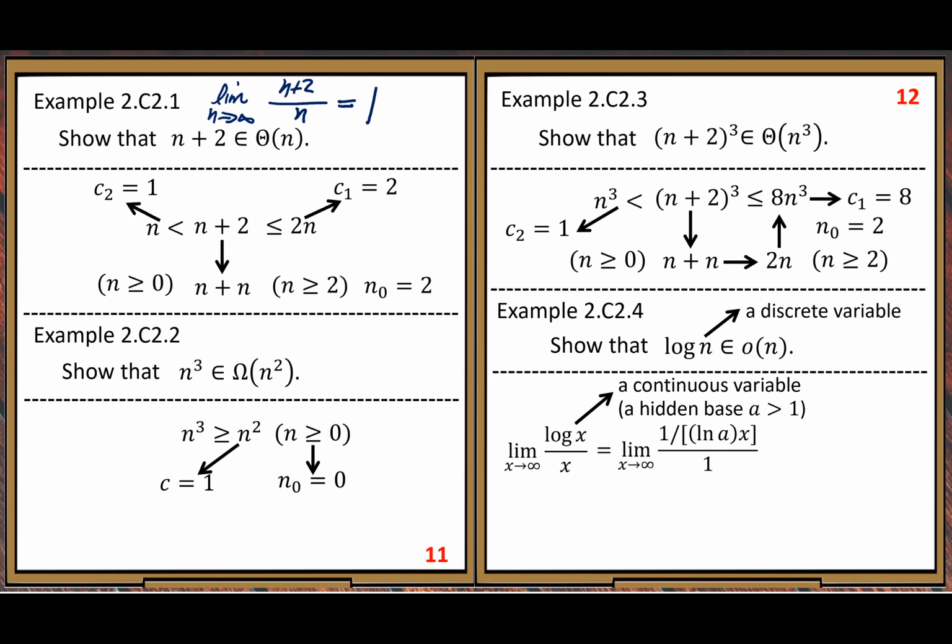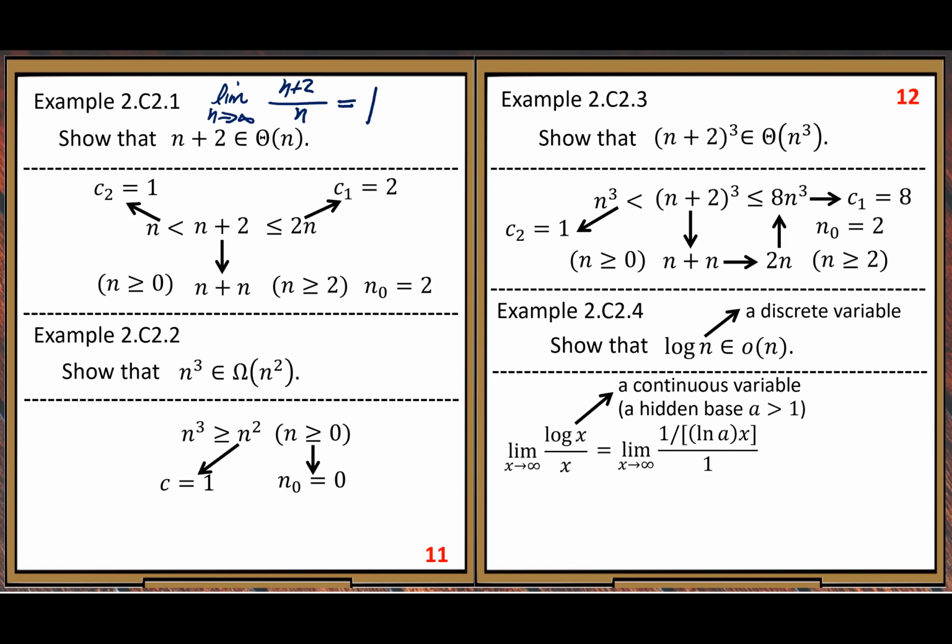Now, L'Hopital's rule: numerator derivative, denominator derivative. The denominator is very easy, just 1. The numerator, you need to find the formula. 1 over the denominator, the base, natural log of that base. That's the reason we need a greater than 1.